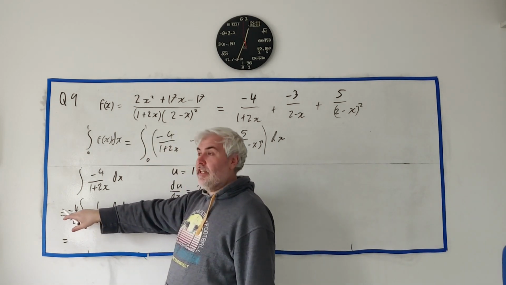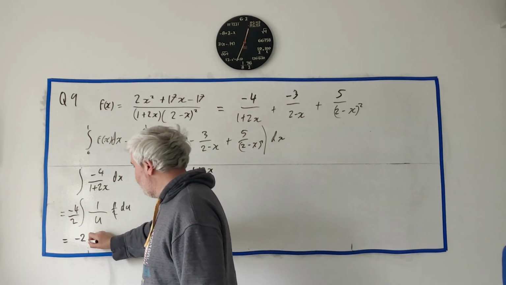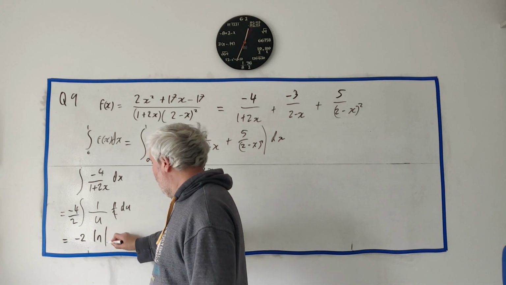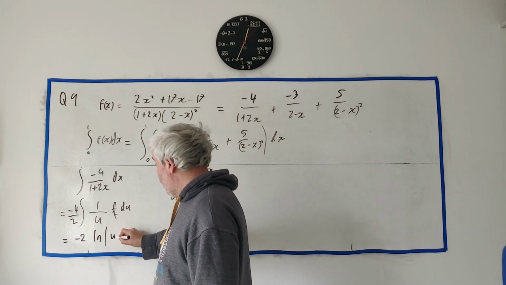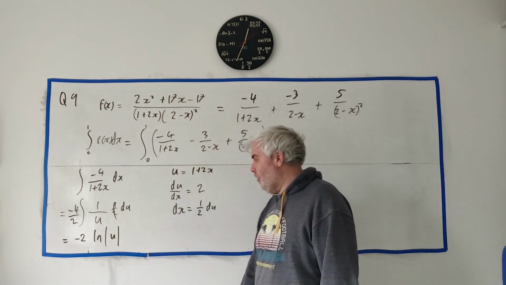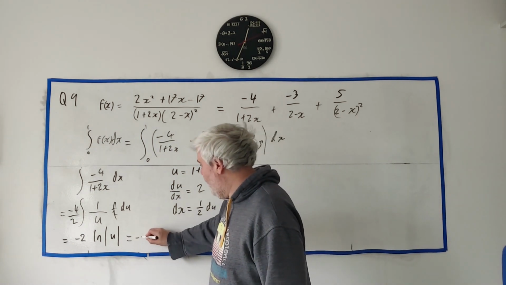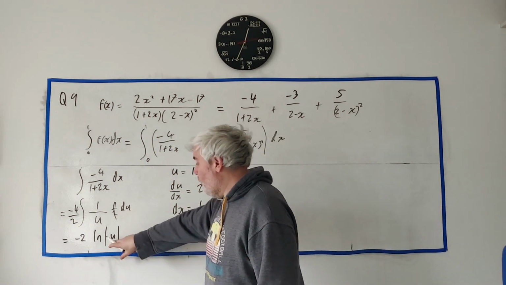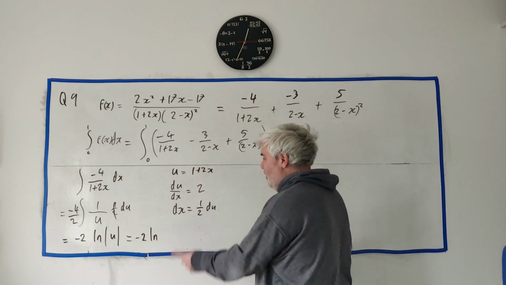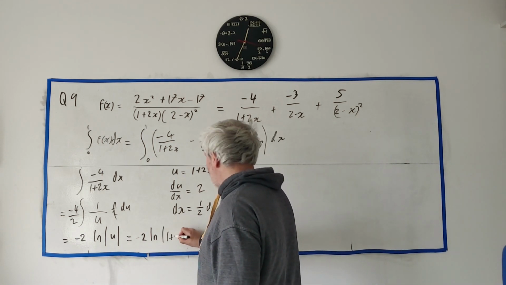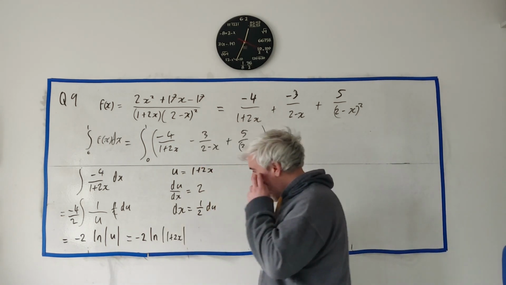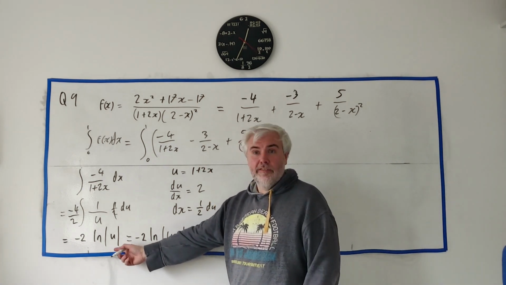First of all, minus 4 over 2 is minus 2. So that's equal to minus 2 natural log. Remember, we substituted u. Let's just put it back. 1 plus 2x. That's the first one done.